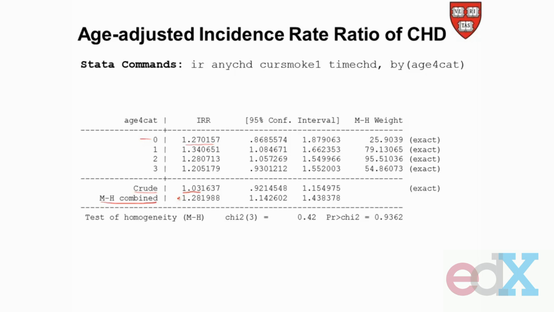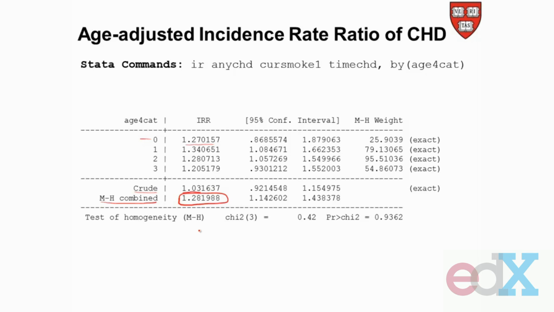This age-adjusted incidence rate ratio is right there, and it's 1.28. This means that after adjusting for age, people who are smokers have 1.28 times the rate of developing CHD compared to people who are non-smokers.